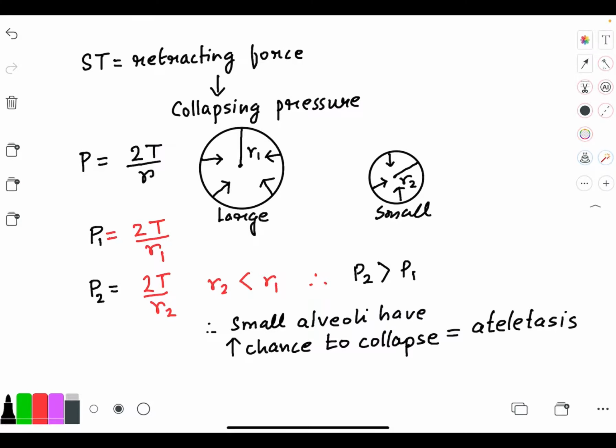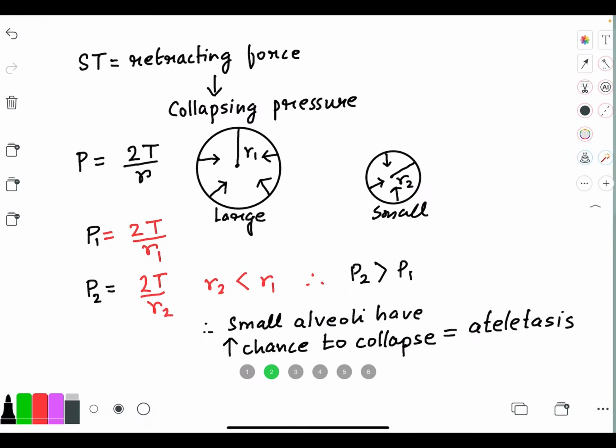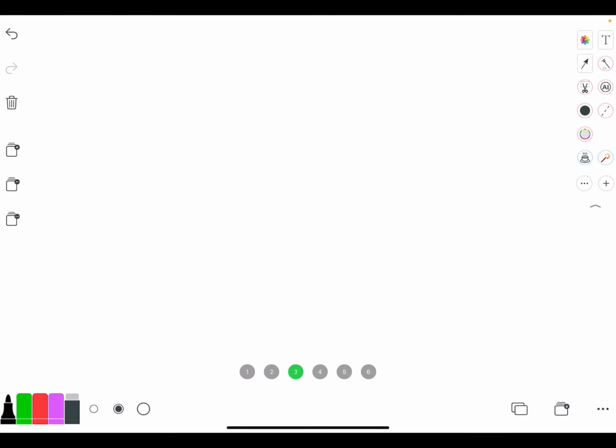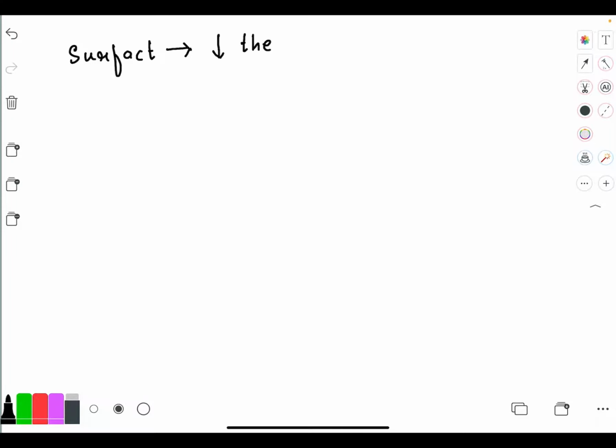Now let us go to the next part: what will surfactant do? What does a surfactant molecule do? Surfactant basically decreases the surface tension.